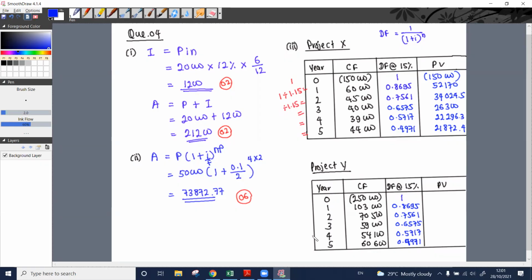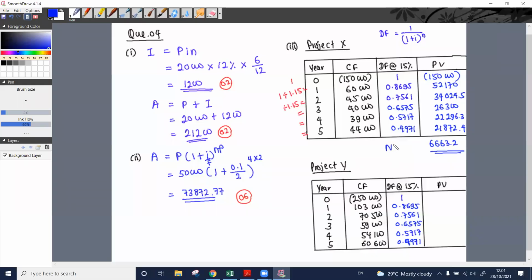Minus 150,000. Is it plus 6,663.2? Yes, no? Yes. 6,663.2. 6,663.2. This is what then?